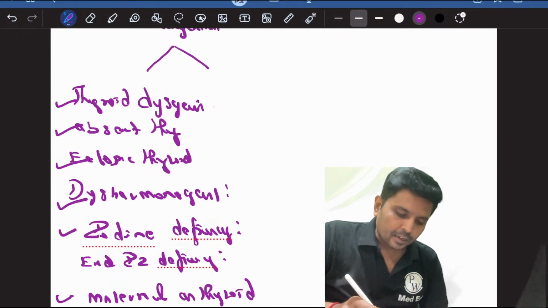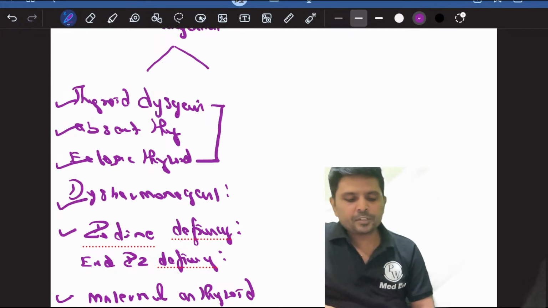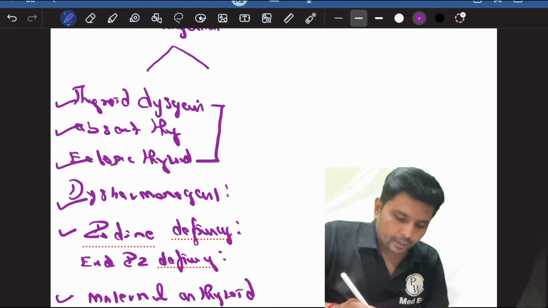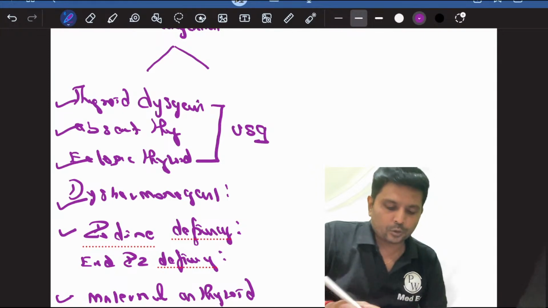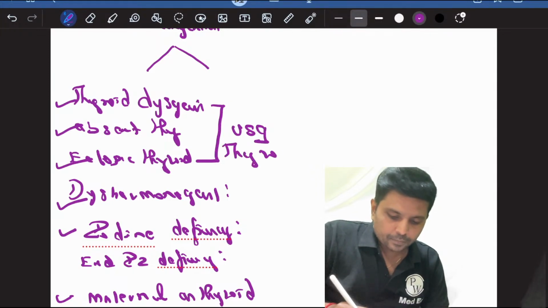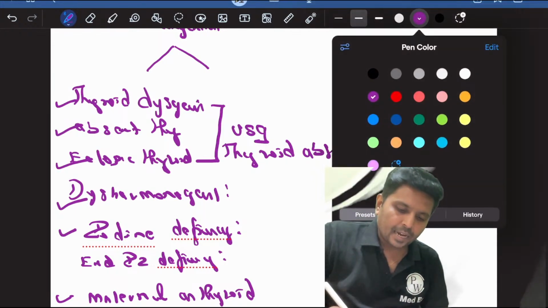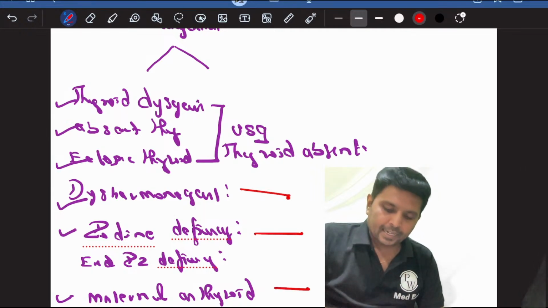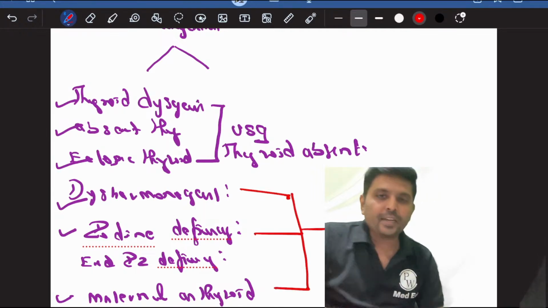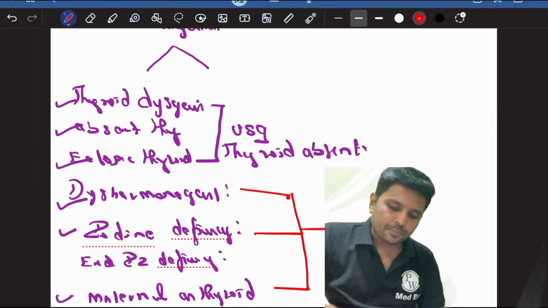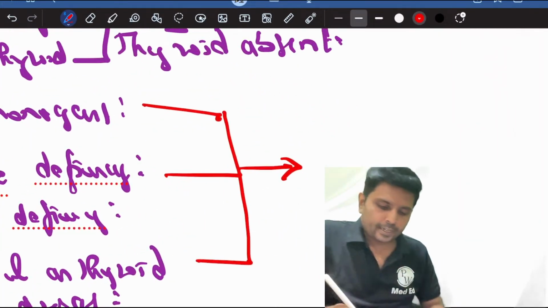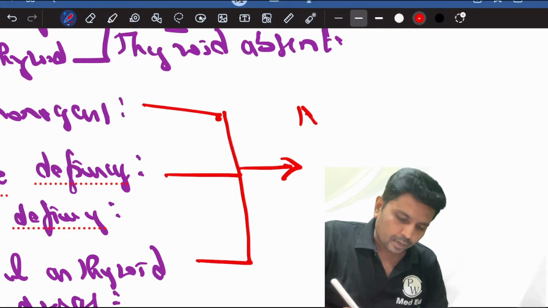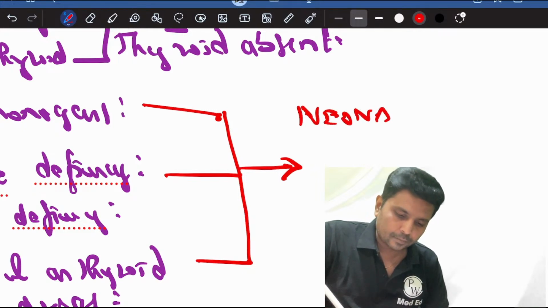Remember, in the first two, thyroid dysgenesis and ectopic thyroid, whenever you do ultrasound, thyroid will be absent. Whereas in the other cases such as dyshormonogenesis, iodine deficiency and maternal antithyroid drugs, you will have something called neonatal goiter.